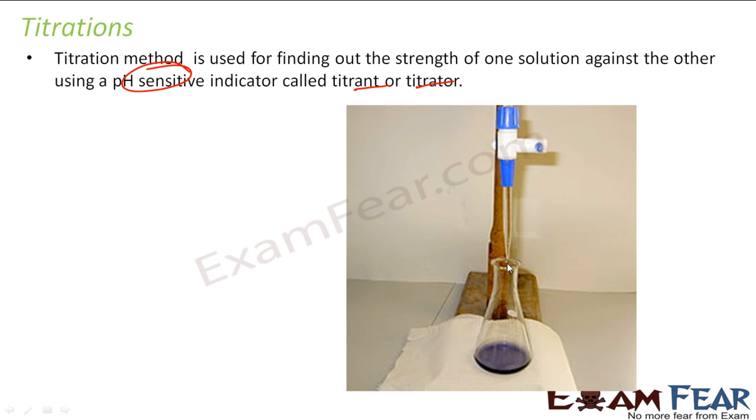You have this pipe and you have some solution here and some solution here. You keep dropping a little bit and keep mixing till the color changes, right? So there is a change in color, that means the end point is reached and the reaction is complete.